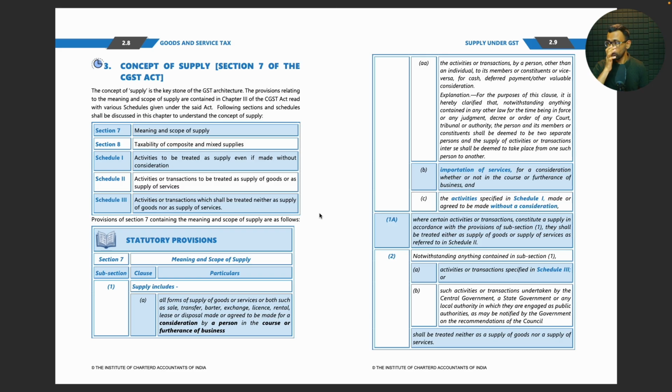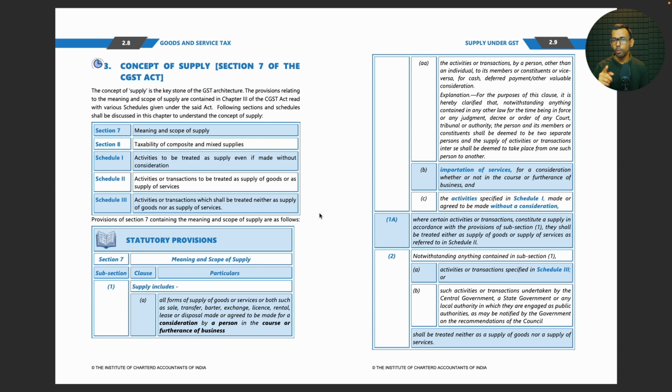So at least now I know how the entire arrangement of section 7 and this entire second chapter is given. You have section 7, meaning and scope of supply, that talks about 3 schedules inside the main section 7 itself, and then you have section 8, which talks about composite supply and mixed supply. That is like the last segment of this chapter.